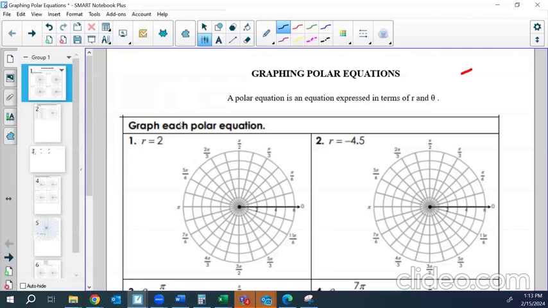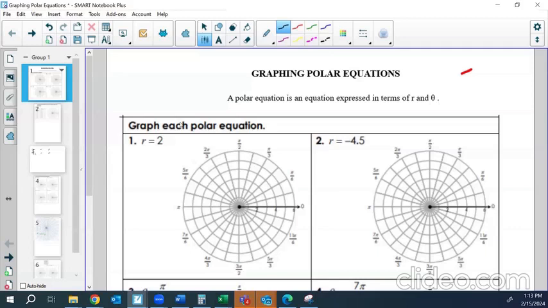So the angle is your input, the r is your output. Everybody see that? What part you don't see? This you're familiar with: y equals f of x, same thing. This is a function right here, and that's your output.